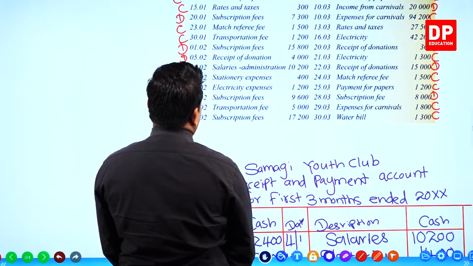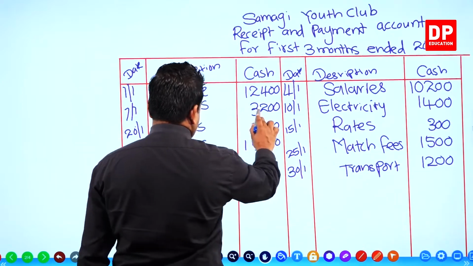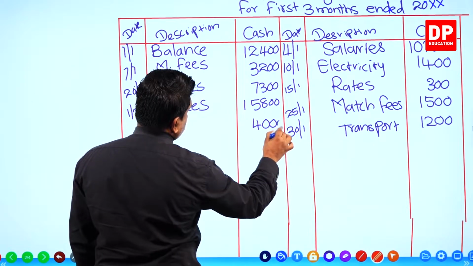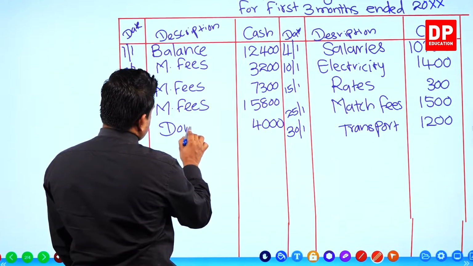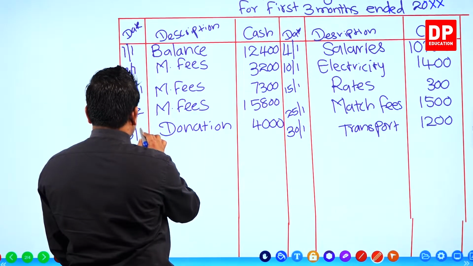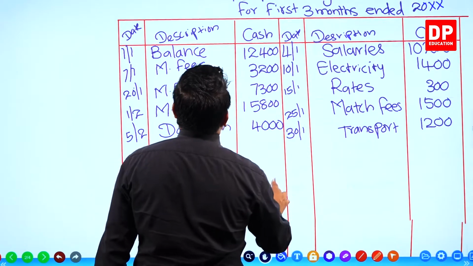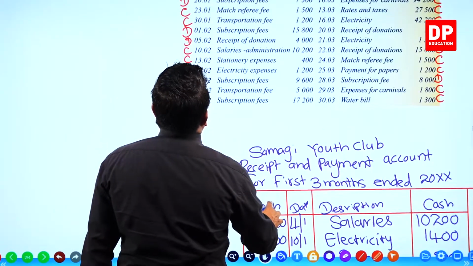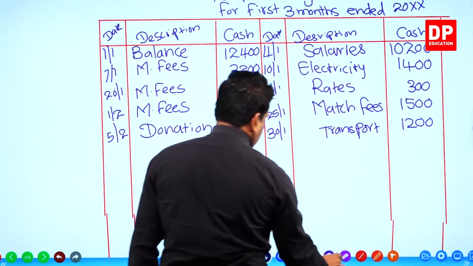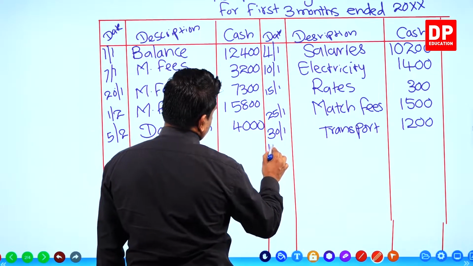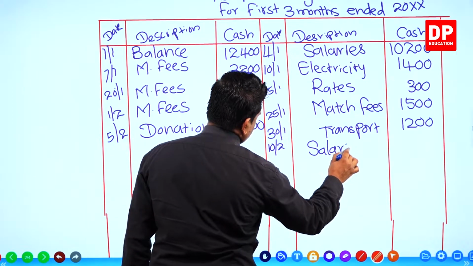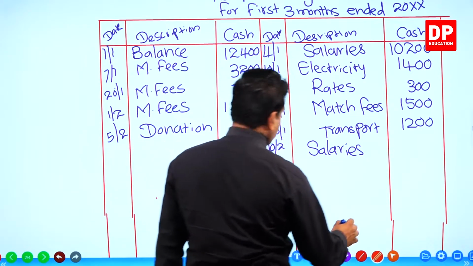Fifth of February donation. Next, salary is 10,200.